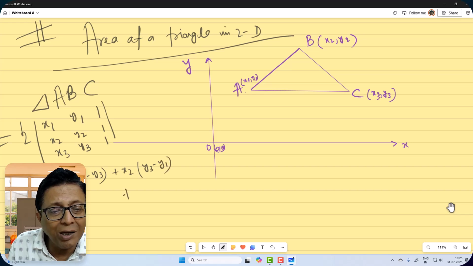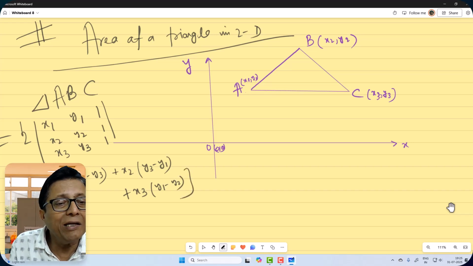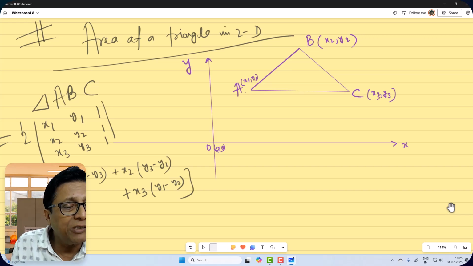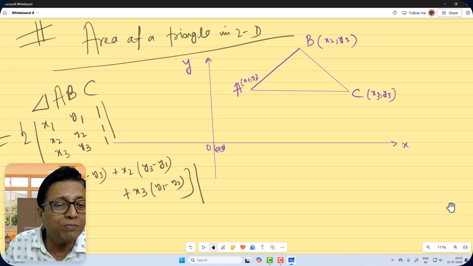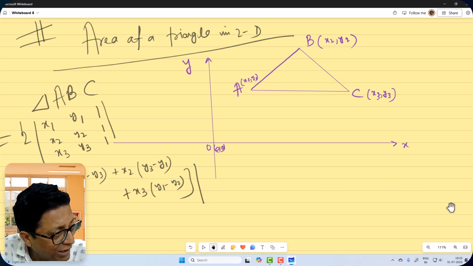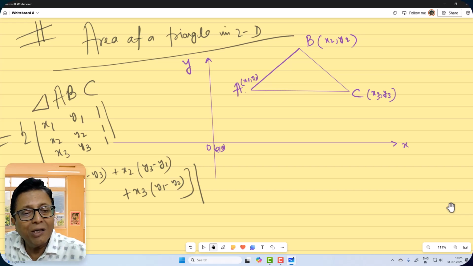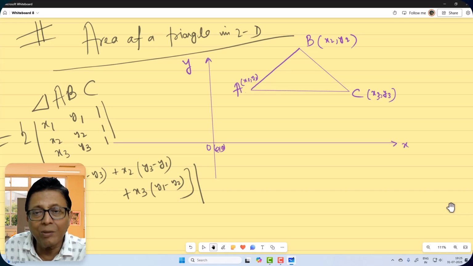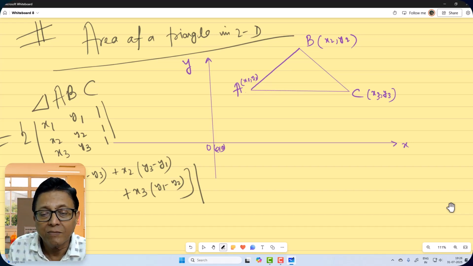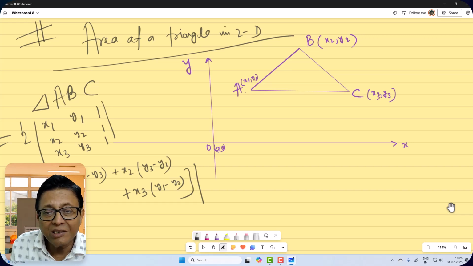As you are not familiar with the concept of determinant, I will tell you to remember this formula: half mod of this thing. Okay? x1(y2 minus y3), x2(y3 minus y1), x3(y1 minus y2). But how to prove this? This I am going to tell you.